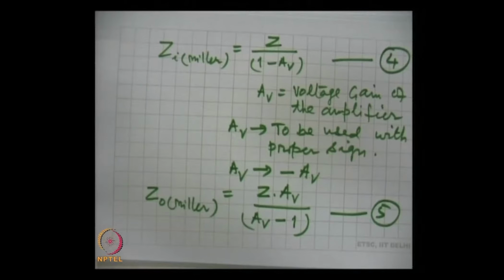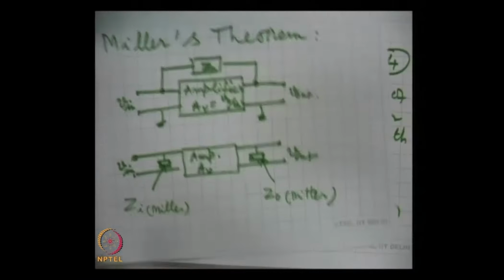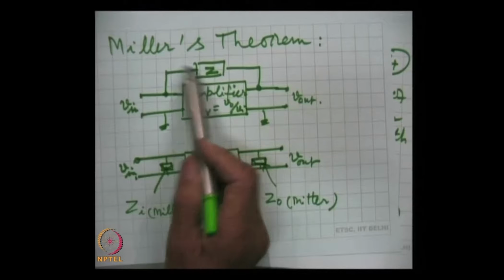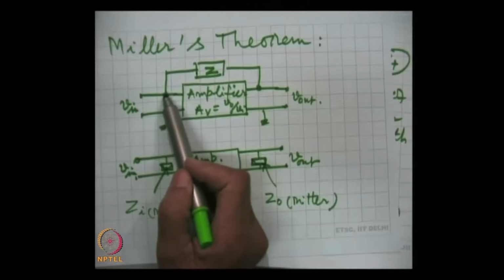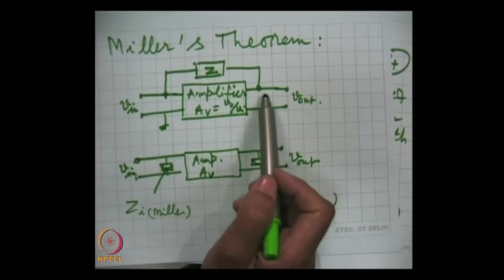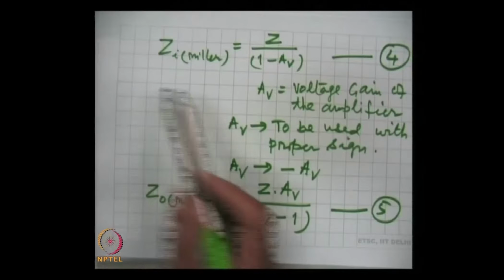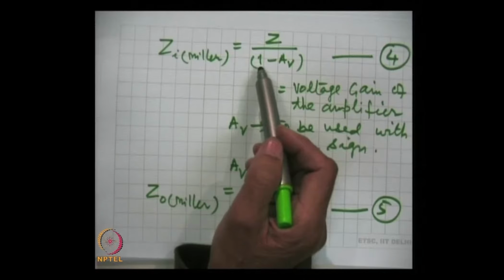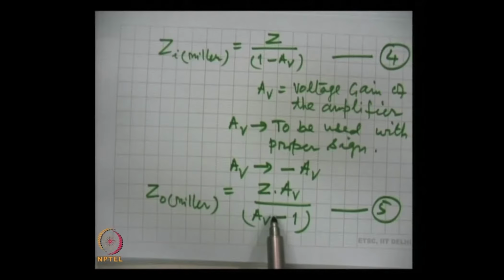This comes from the Miller effect, Miller theorem. Miller theorem gives the transformation of the impedance at the input and output if the configuration is such, and we will take examples where this will be the real situation, where one end of the impedance is connected at the input, the other end is connected to the output, then it will have an equivalent of this impedance at the input and this at the output.